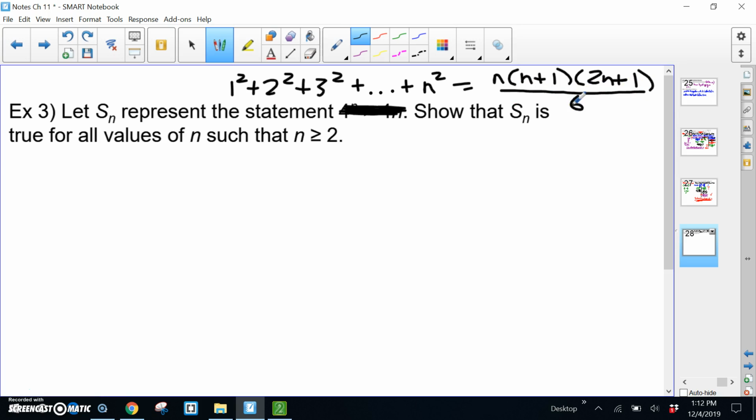All right. So we're supposed to show that that statement is true for all values of n such that n is greater than or equal to 1. We're talking about the positive integers.